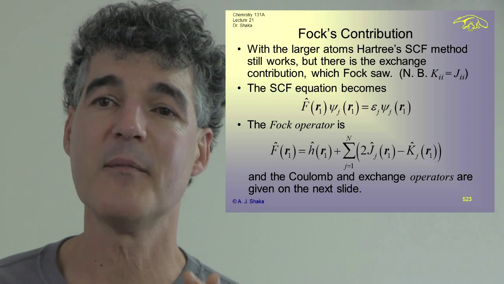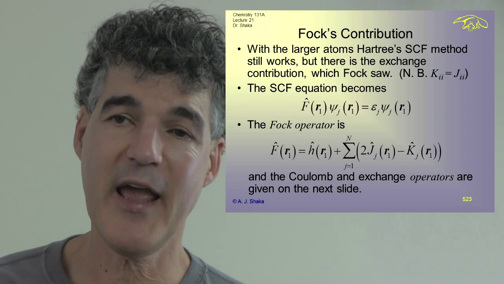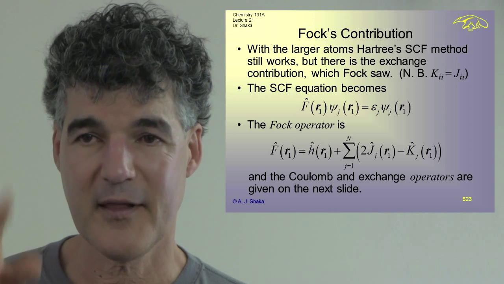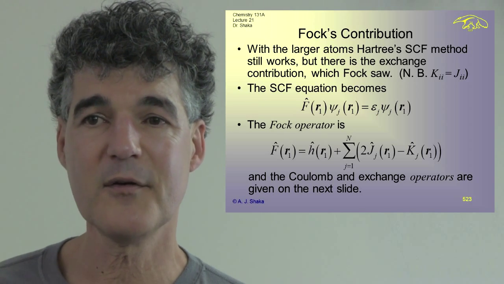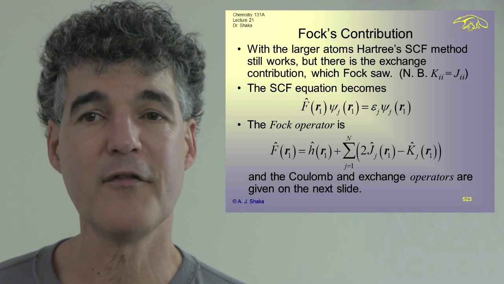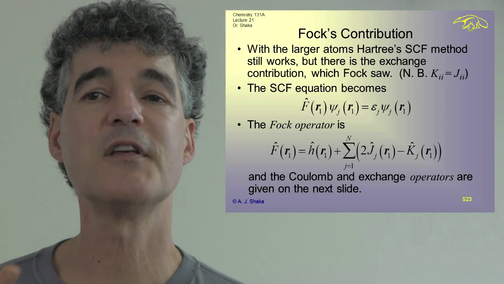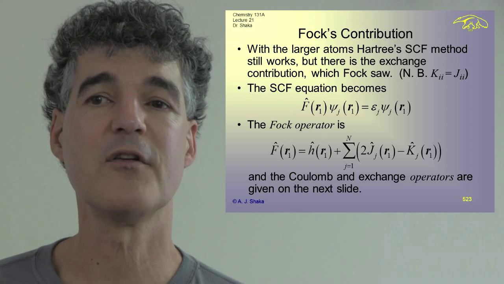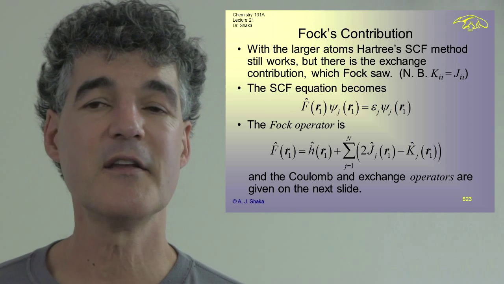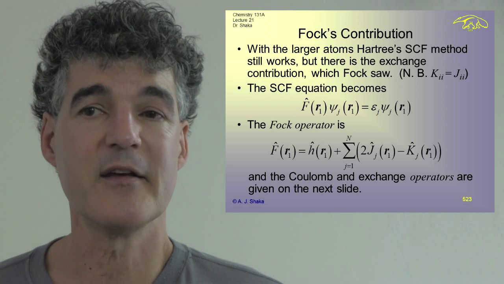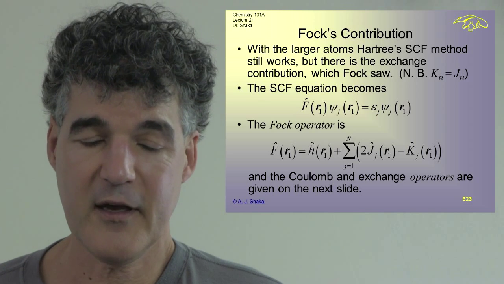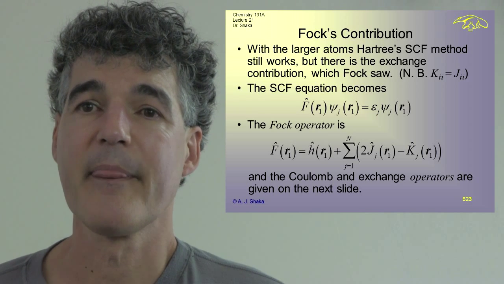And likewise, we've got psi j star of R2, then the 1 over R12, and then psi j of R1. So I think you can see why it's called the exchange integral, because you swap the indices on the other side of the function.